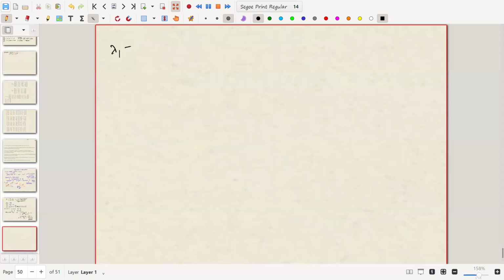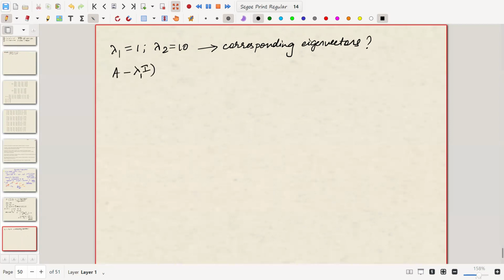Now that you know that lambda 1 equals 1 and lambda 2 equals 10 are the eigenvalues, can you find the corresponding eigenvectors? Your job now is to find the corresponding eigenvectors to these eigenvalues. For that, you just do (A minus lambda 1 I) times x vector equal to 0 vector.